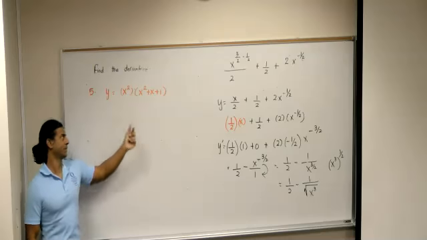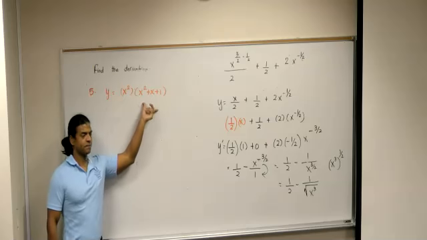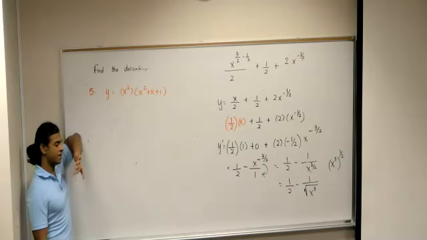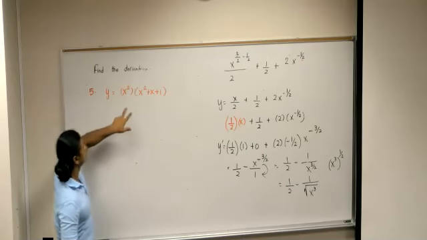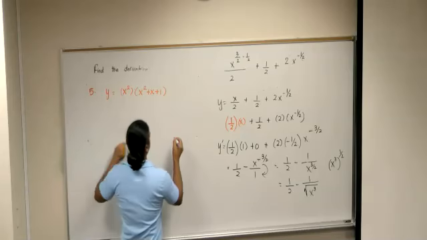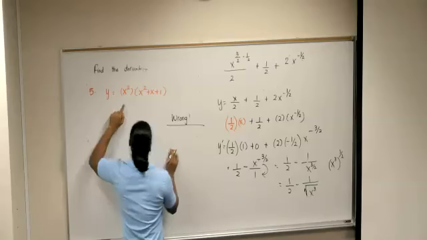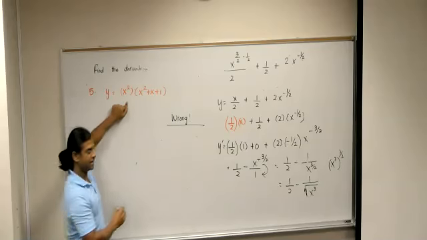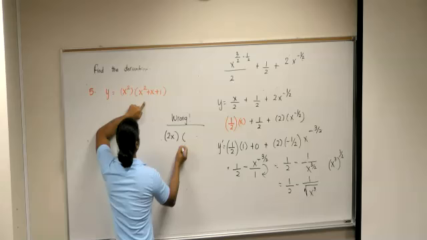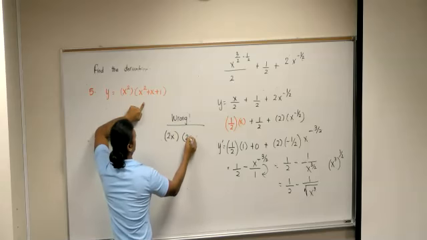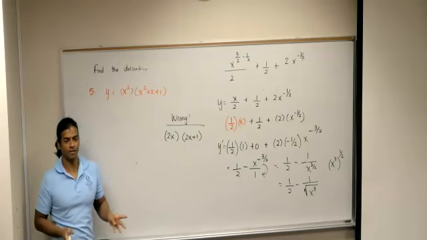x squared multiplied by x squared plus x plus 1. The most common mistake that students make is to state the derivative of x squared, which is 2x, then take the derivative of the second term: derivative of x is 1, derivative of 1 is 0.